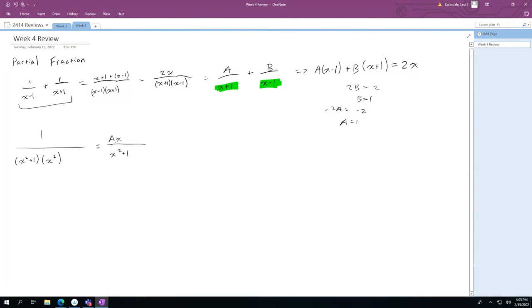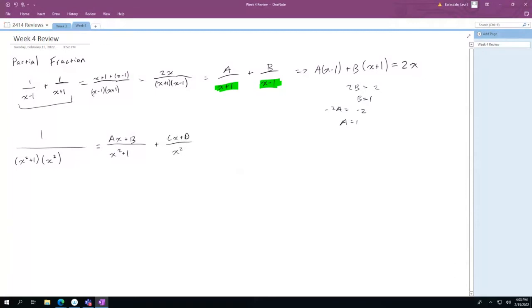So we need ax, and then we need an unknown for each power below that. So in this case, an x to the first and an x to the 0. That gets us an ax plus b. Similarly, we have over x squared here, which means we would need a cx plus d like that.